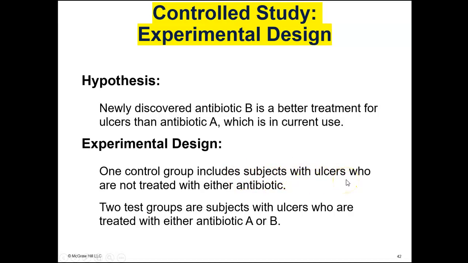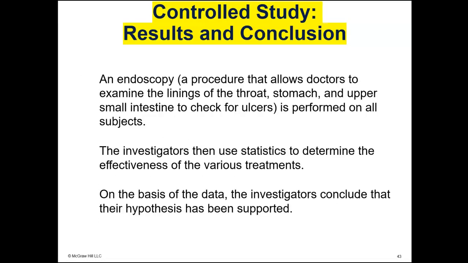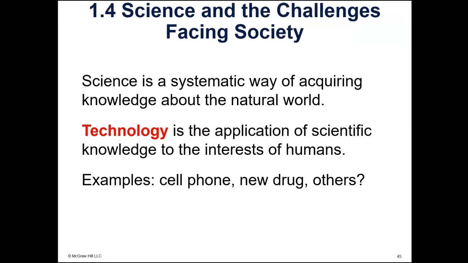And then they will get another endoscopy afterward, after the antibiotic or placebo treatment, to determine if their ulcers improved. So there's a measurement of whether the ulcers improved, stayed the same, or got worse. And that's what the graph shows.